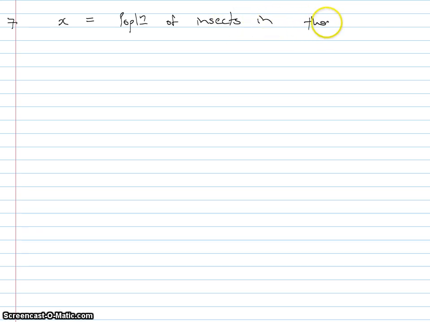What can you tell me about the population of a species of insects, or the population of any species? Well, the population is going to be the total number of that species born minus the total number that have died.